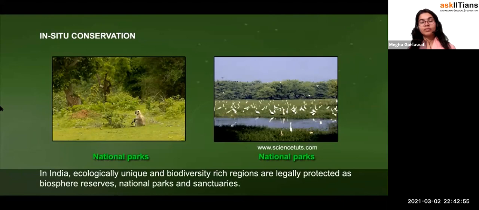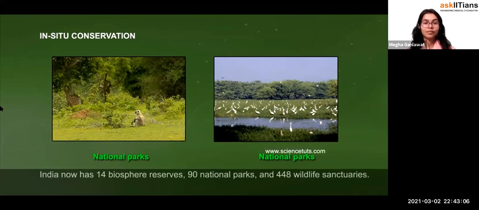In India, ecologically unique and biodiversity rich regions are legally protected as biosphere reserves, national parks, and sanctuaries.